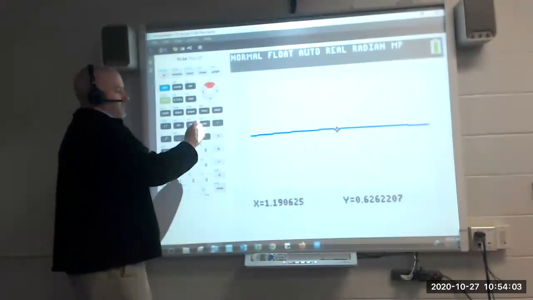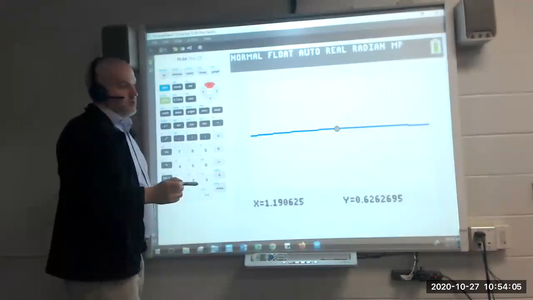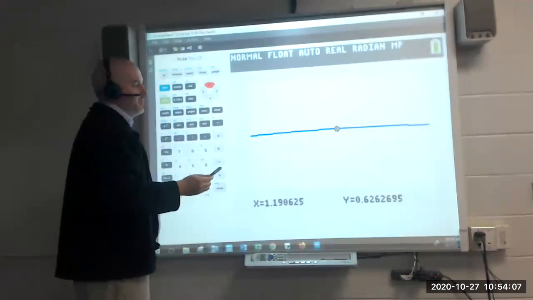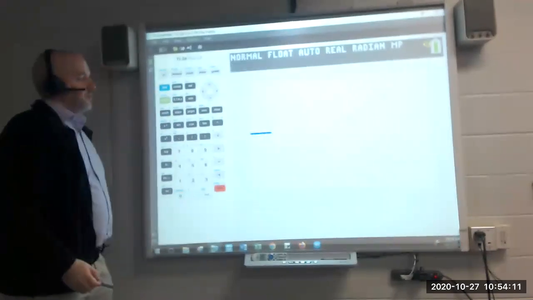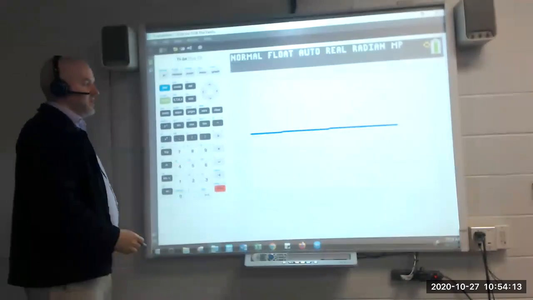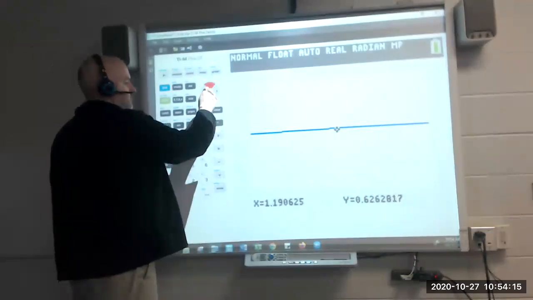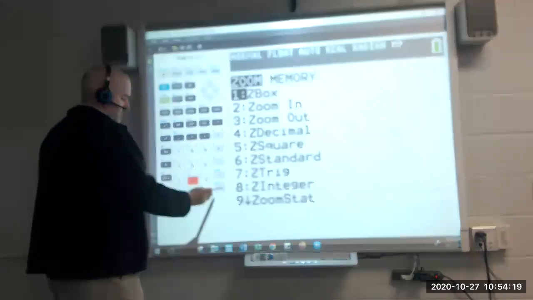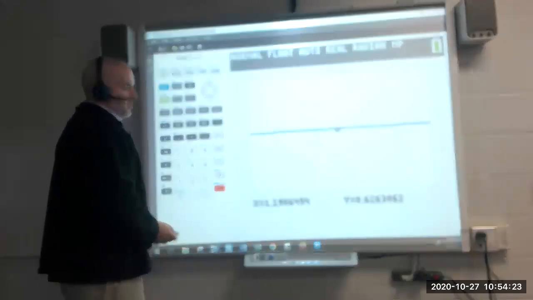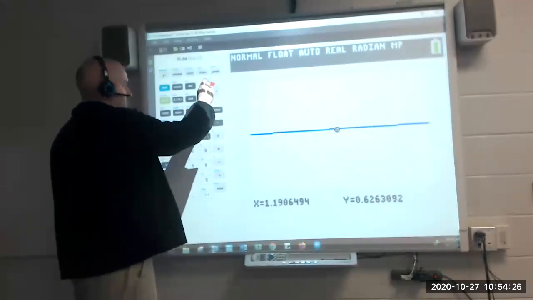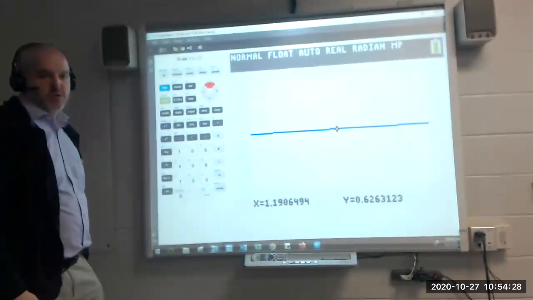Like we'd expect at a hump on the graph, we would expect to have a horizontal tangent. And we're getting very, very close to a horizontal tangent. Right, that looks pretty much horizontal already.